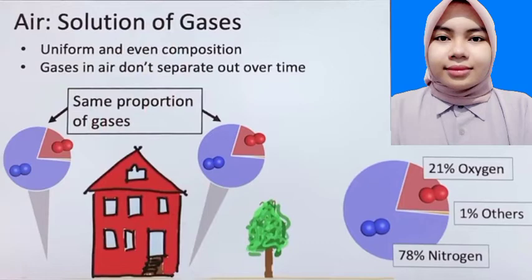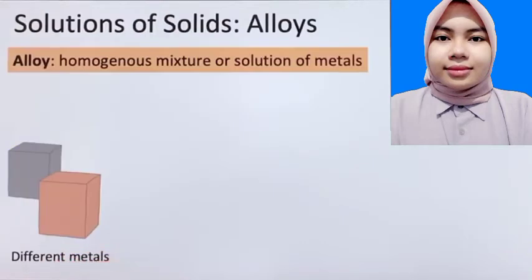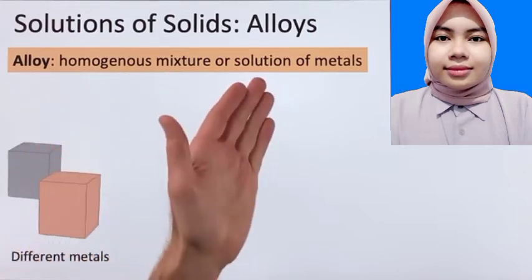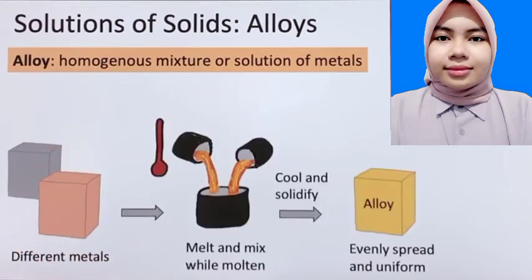We're definitely talking about a solution here, and now finally, there are solutions that are made by mixing solids together. An alloy is a homogeneous mixture or solution of metals. Now, how do you dissolve and mix solids together? It's actually pretty cool.